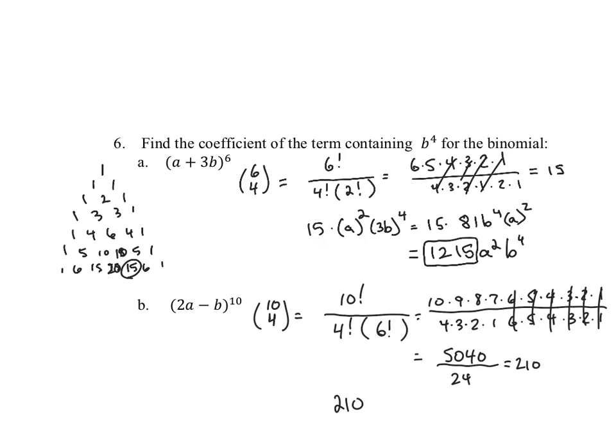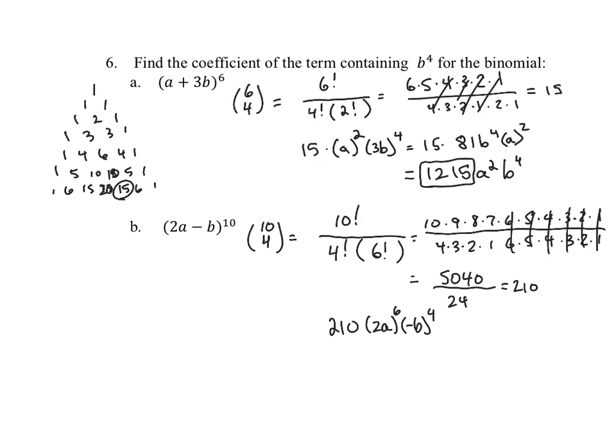So the coefficient of the whole term is 210, but then that needs to be multiplied by 2a to a power, and then negative b. We want that to the fourth power, so then 2a is going to be raised to the sixth power. So then 2a to the sixth power, 2 to the sixth power is 64. a to the sixth, b to the fourth, and then that's multiplied by 210.